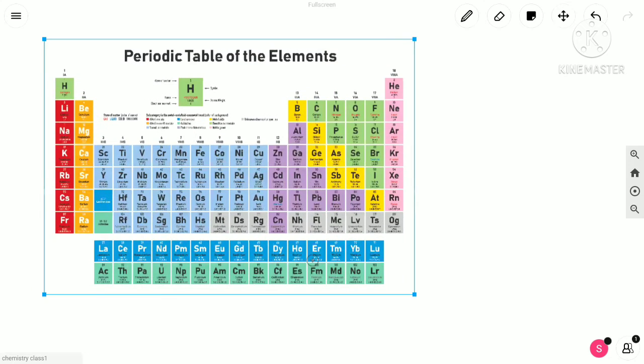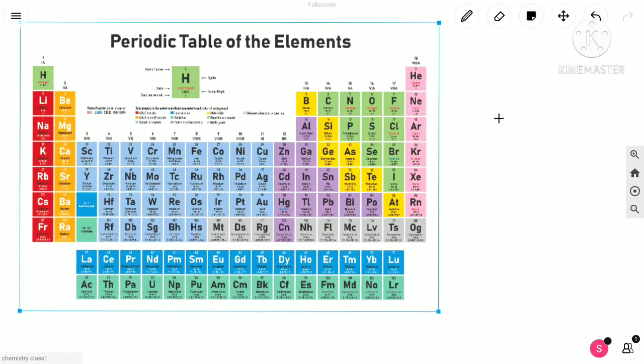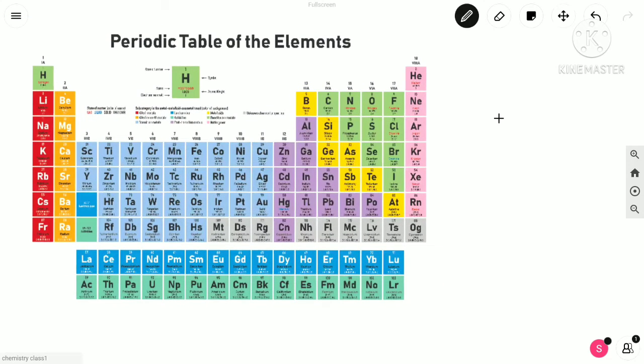When you look at the periodic table, you can see that it looks like some Australia-shaped figure, and it might be difficult for some people to remember. But it's easy to remember if you know the SPDF configuration.